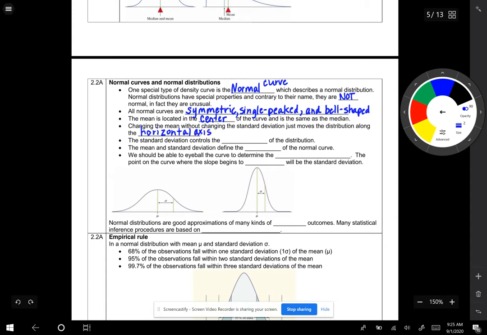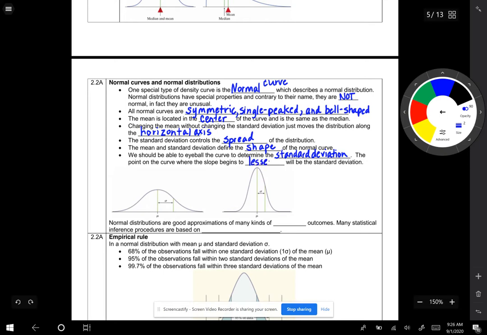The standard deviation controls the spread of the distribution. The mean and standard deviation, so mu and sigma, define the shape of the normal curve. We should be able to eyeball the curve to determine the standard deviation. The point on the curve where the slope begins to lessen will be the standard deviation.